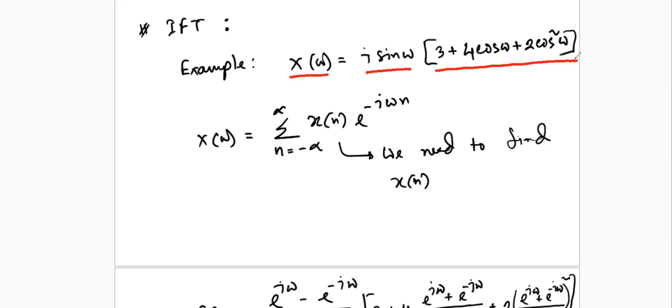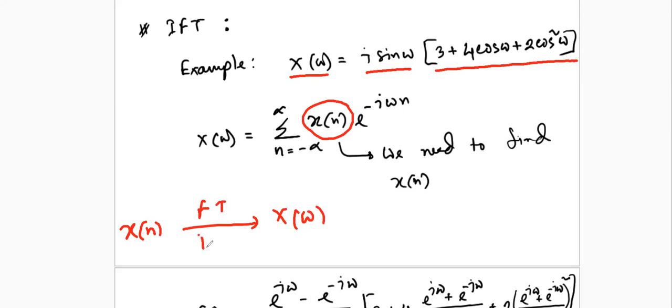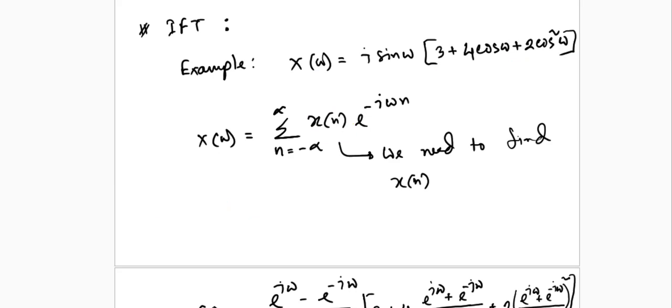Of course, we need to find x[n]. If we have x[n], we do the Fourier transform and find X(omega). If we do the inverse Fourier transform from X(omega), then we'll get back to our original signal in the time domain. So that is our target.